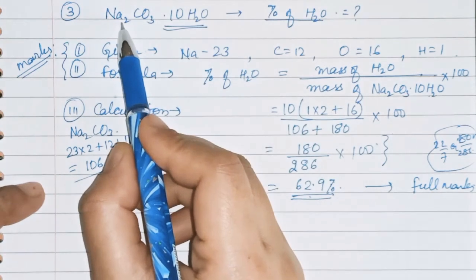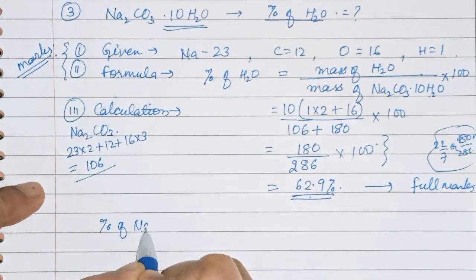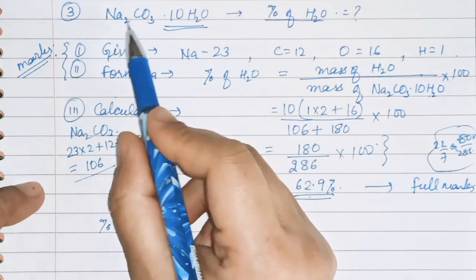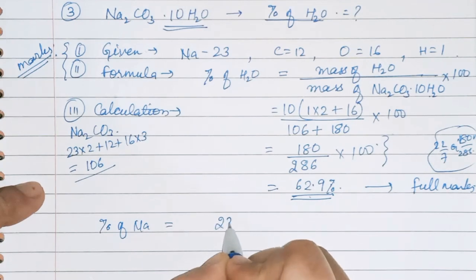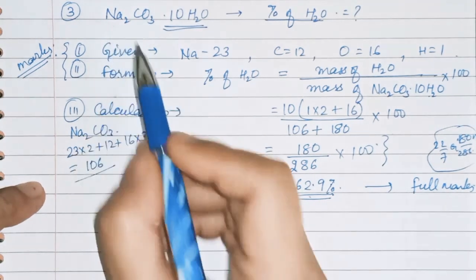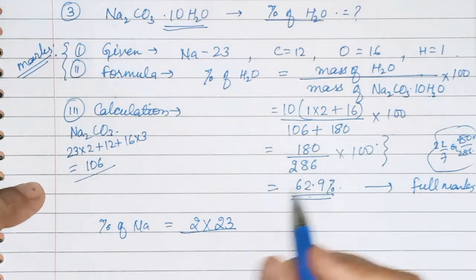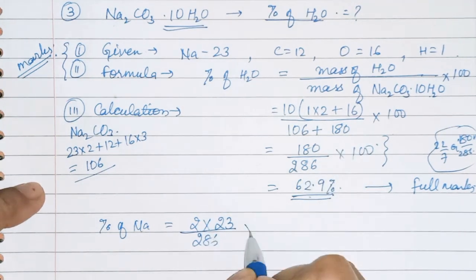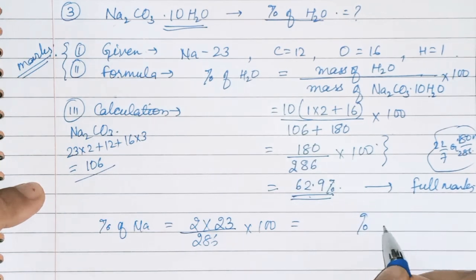Let's calculate the percentage of sodium in sodium carbonate crystals. Mass of sodium is 23. How many atoms of sodium are here? 2. So you will write 2 into 23 upon 286 into 100. So you will get the percentage of sodium.